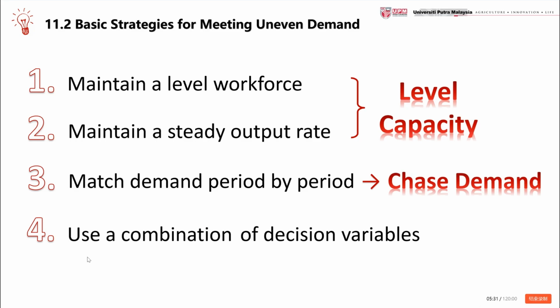And the last one is a combination of the previous 2 strategies. Now let's take a look at 2 calculation examples of different strategies from another reference book, Organization Management, to deepen your impression of aggregate planning.